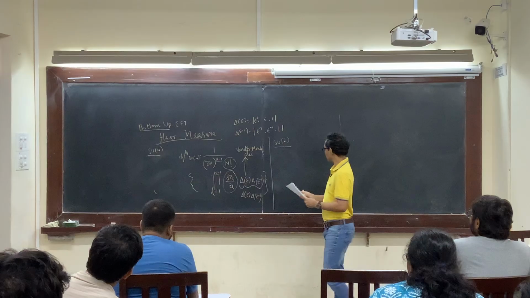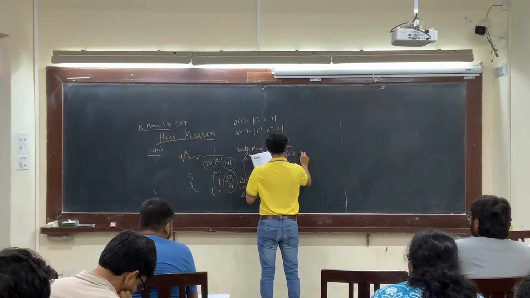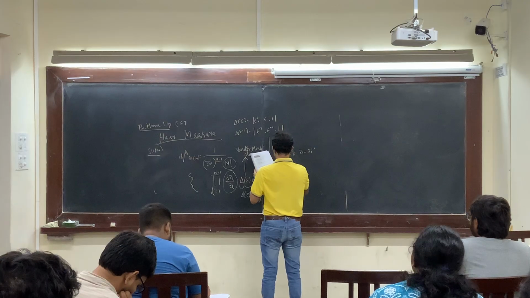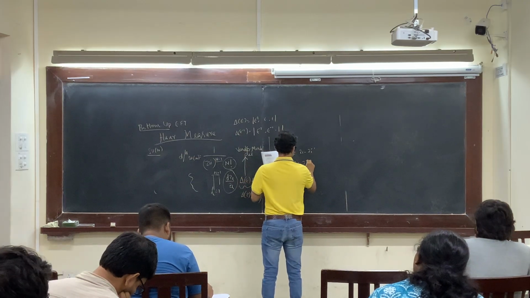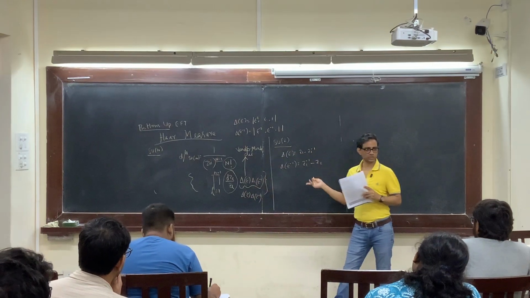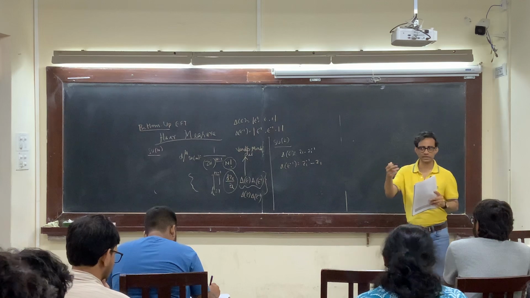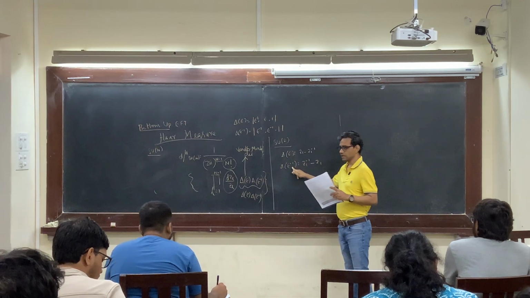Okay, so now let's do the example for SU(2). So delta of epsilon is basically z1 minus z1 inverse. So delta of epsilon inverse will be z1 inverse minus z1, just changing the coordinate to its inverse, as I told you. So once you calculate this one, it is easy.